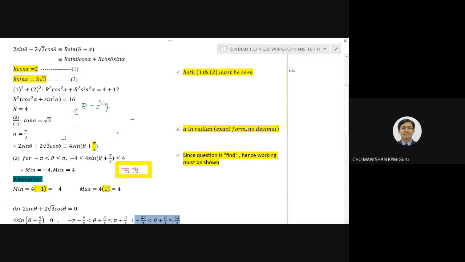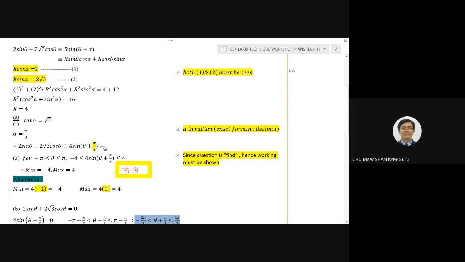After you get alpha and then your R, you write your answer. So 2 sine theta plus 2 sec 3 cos theta equals 4 sine bracket theta plus pi over 3.